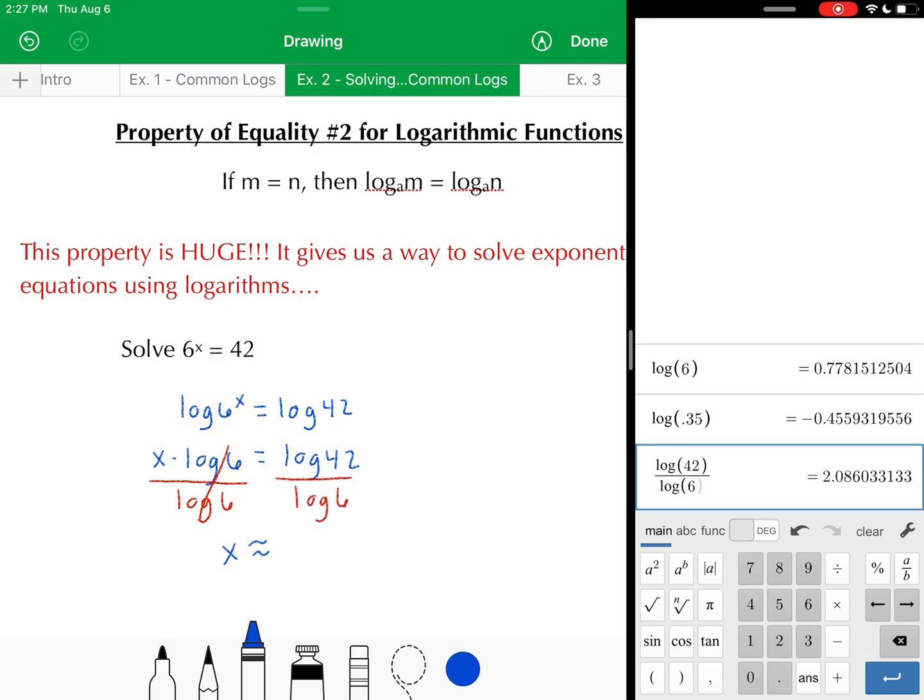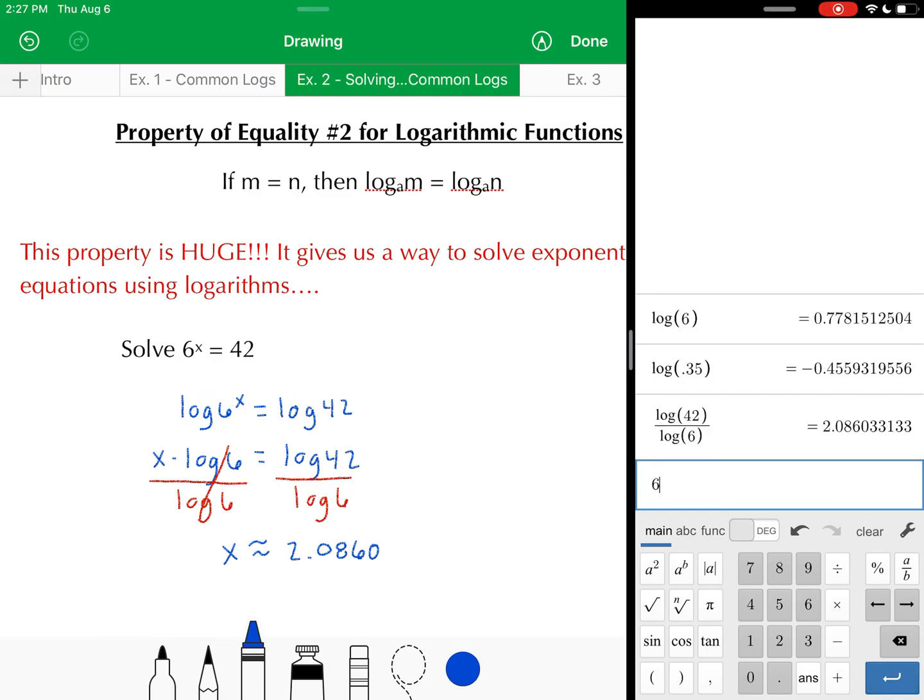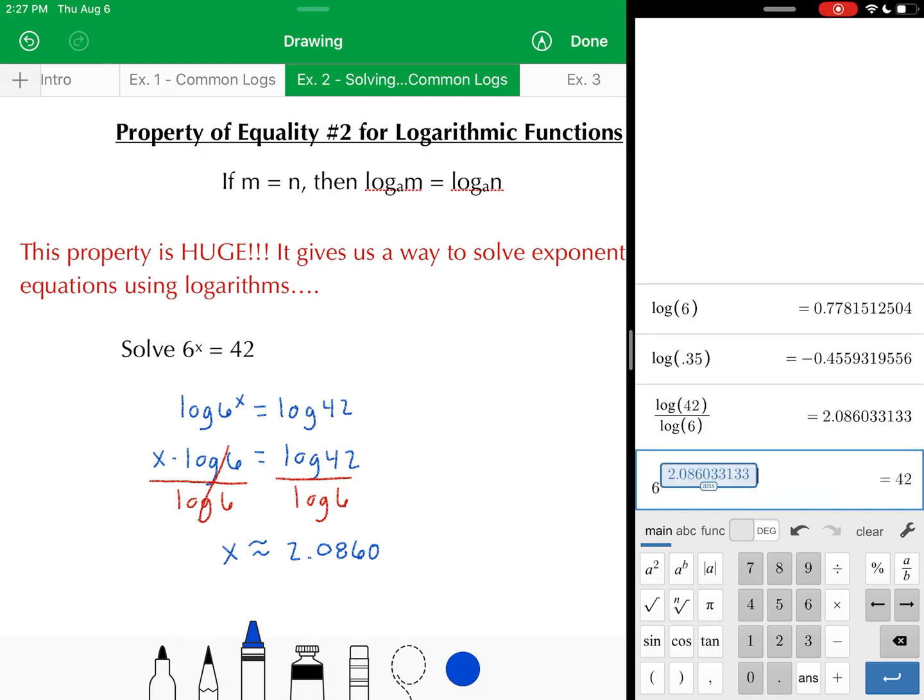And we're winding up with 2.0860, which seems reasonable. 6 raised to that value equals 42, and I can, of course, check that. 6 raised to the power of that value gives exactly 42.